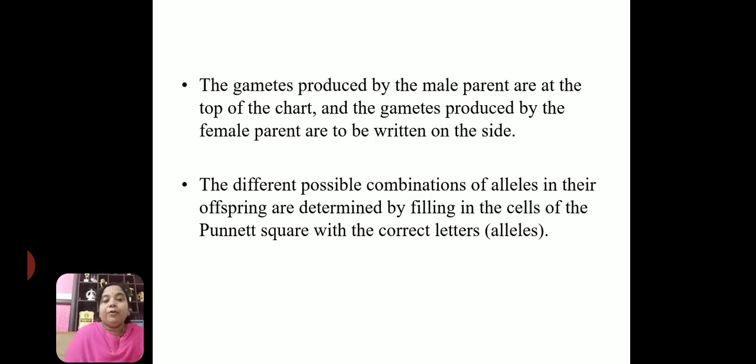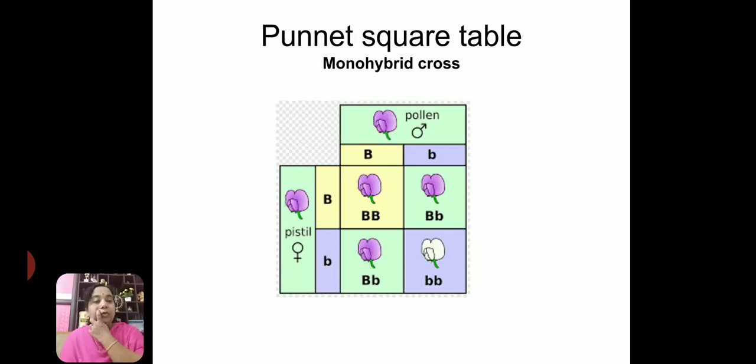Now, how is the Punnett square written? The gametes produced by the male parent are written at the top of the chart. The gametes produced by the female parent are written on the side. The different possible combinations of alleles in the offspring are determined by filling the cells of the Punnett square with the correct letters. Here the letter means allele. Look at the Punnett square of a monohybrid cross.